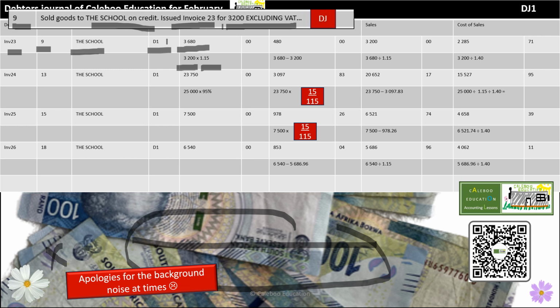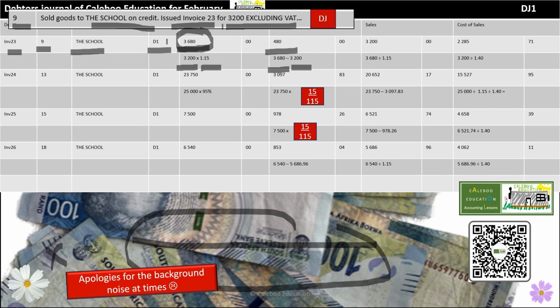So 3,200 multiplied by 1.15 gives us 3,680. The VAT amount is the inclusive amount less the exclusive amount, which gives us 480.